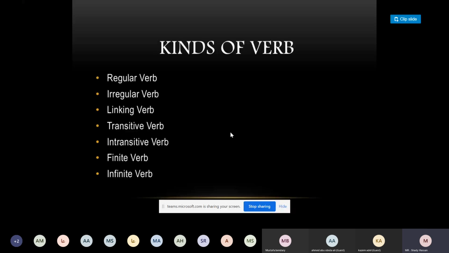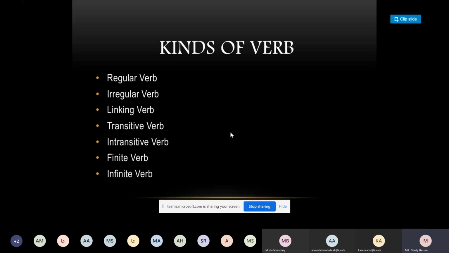Transitive verbs are verbs that take an object. We call them transitive verbs. Like what? The students studied the lesson.